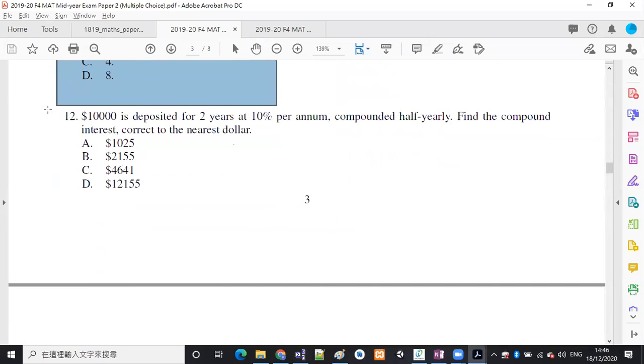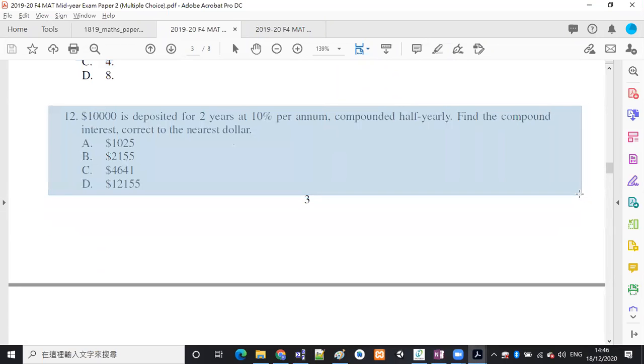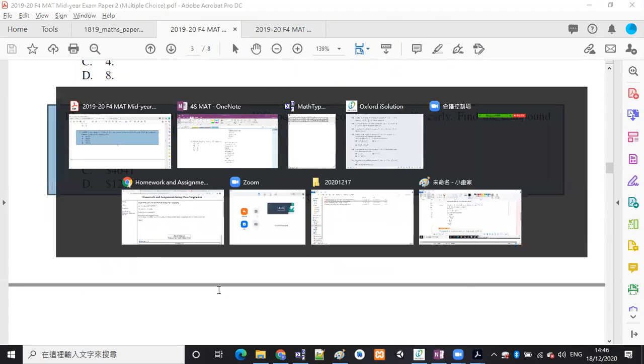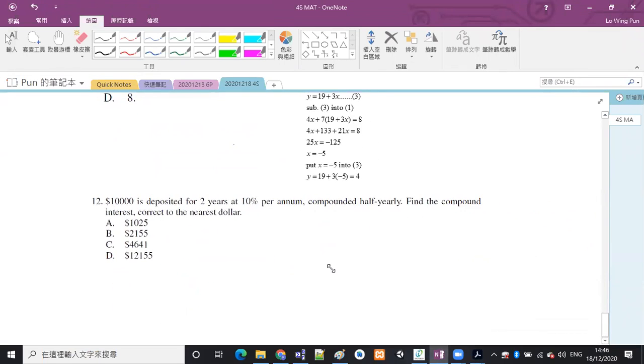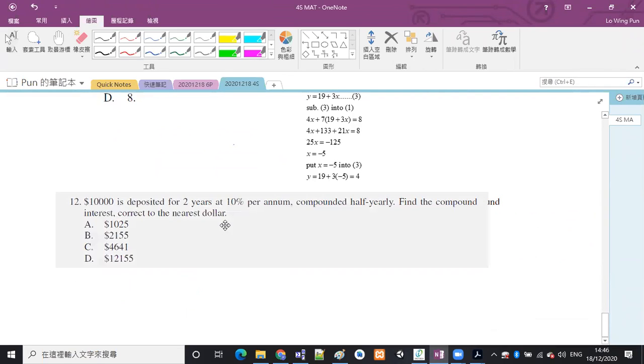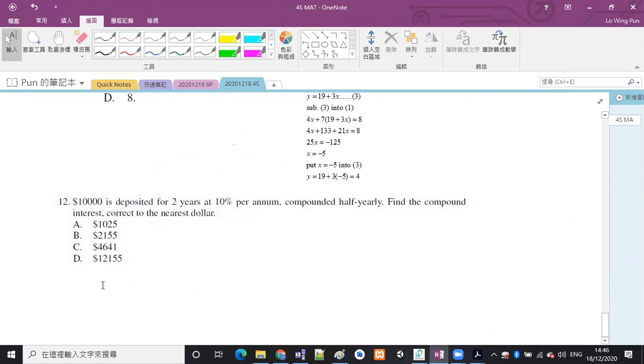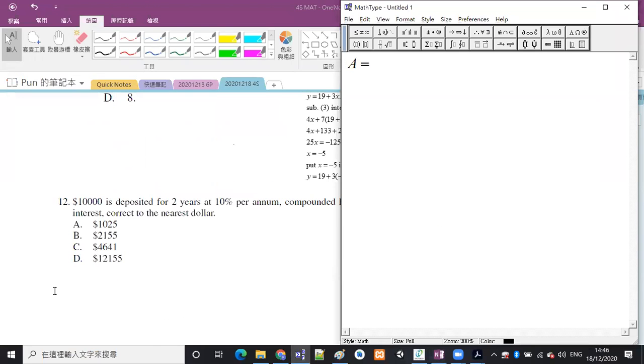Number 12, compound interest. 嗱，成日都問㗎 compound interest 喺 DSE，成日都問㗎。我唔記得咗我有冇同你溫過啦。咁而家呢度咧，同你溫一次先。Compound interest，我哋係要計個 A 先嘅。A is equal to P times bracket 1 plus R% divided by M to the power M times T. Okay?